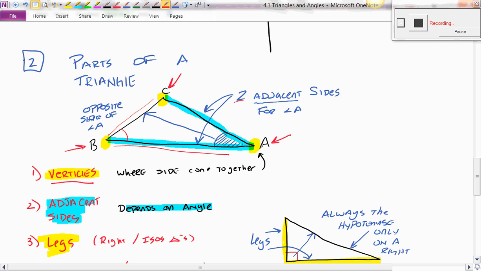But for angle A, we're talking about this length highlighted in blue and this length highlighted in blue. So that leaves us to question, okay, then what is the other side called? Well, the other side is called the opposite side of angle A. So it's either going to be adjacent or opposite sides for a particular angle. So that's the adjacent and opposite sides.